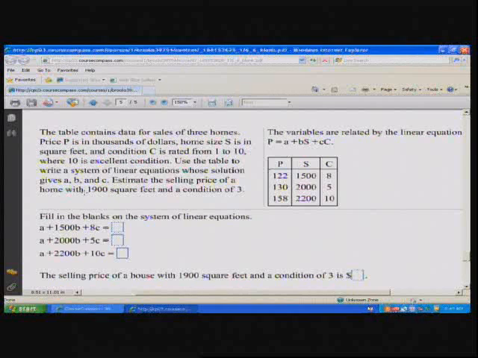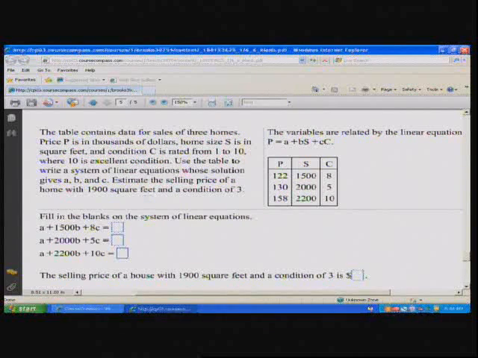Okay, so what we're going to do is we know that the price is 122. I'm thinking thousands, 100, but you can just write it as 122. And then we'll put the thousands at the end. And then we have 1,500 for S, and then we have 8 they put in for C. So this is equal to 122,000.